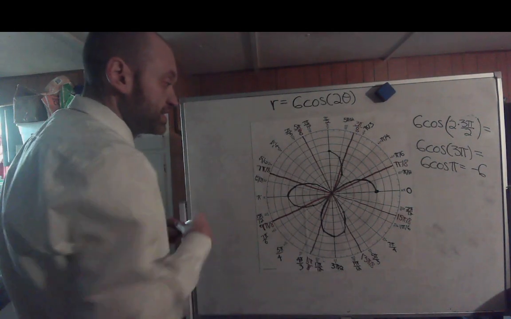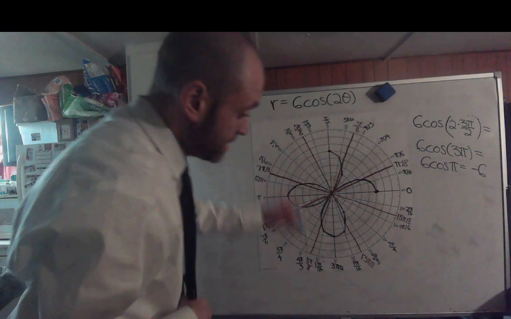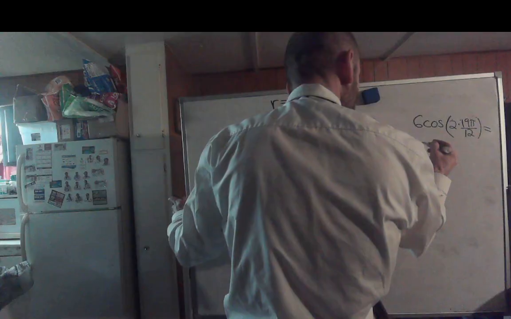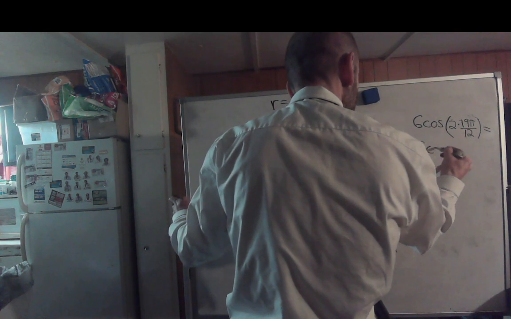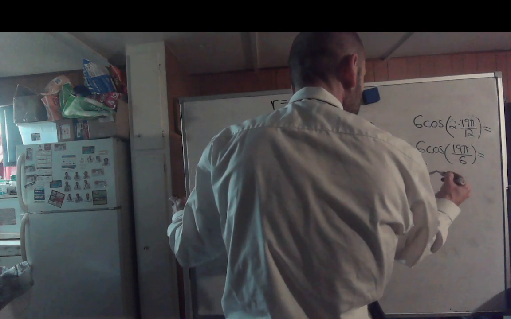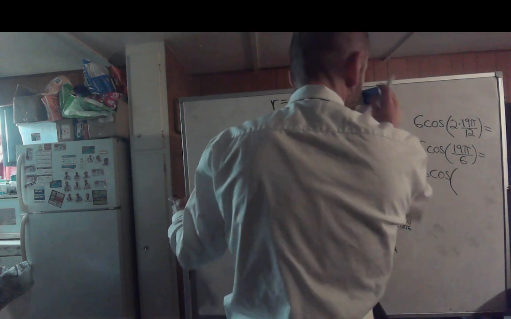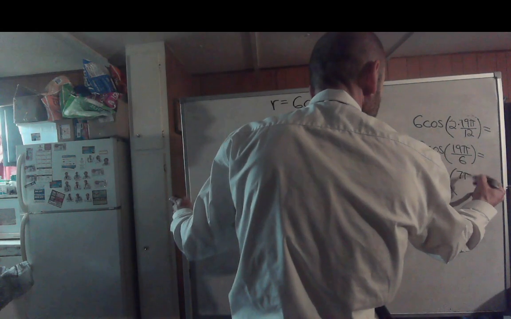And then let's see here, we're going to do 19 pi over 12. We're finally entering the 4th quadrant. So 2 times 19 pi over 12, well, that's going to end up then giving me 6 times the cosine of 19 pi over 6, which is the same thing as 6 times the cosine of, let's see, 7 pi over 6.